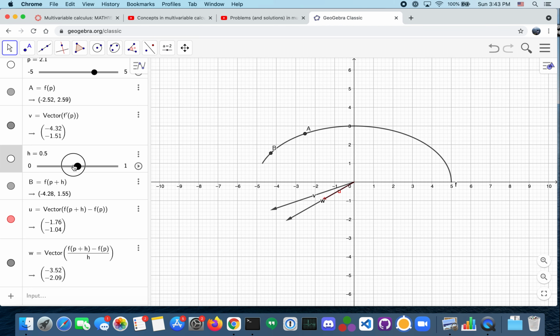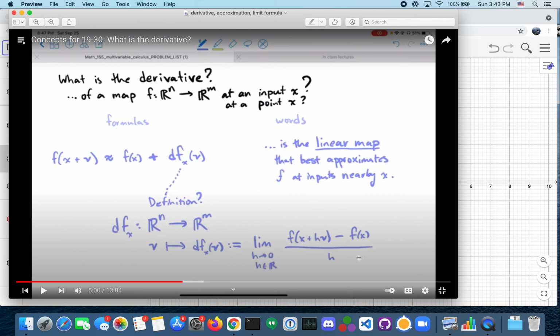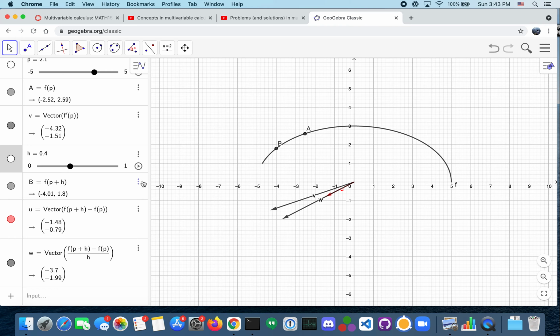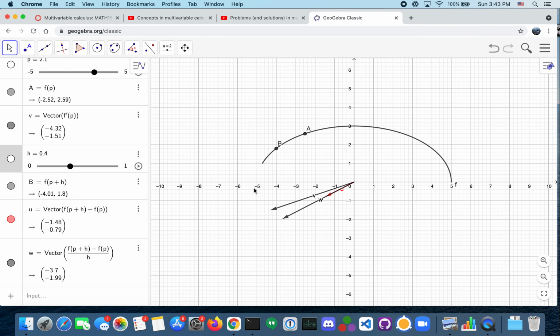And that is how the velocity is really this limit. Okay, so all you should take away, you're not going to understand all these formulas yet, but now you can visually see this limit formula is indeed giving the correct velocity vector.